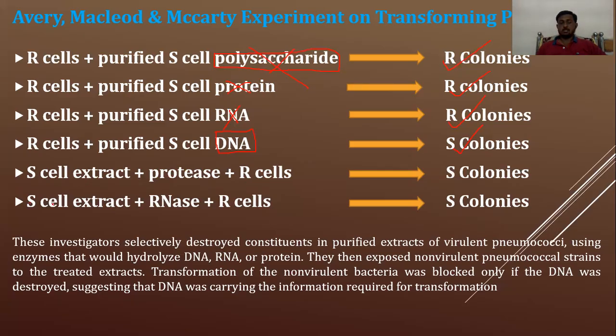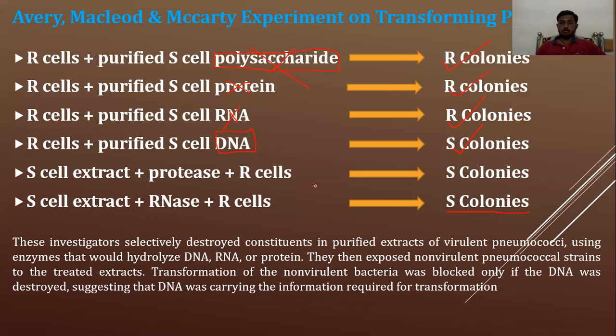Again, they use S type cell extract plus RNase plus R cells. That means the cell extract of S type of cells, that is the virulent strain, plus RNase, that is an RNA degrading enzyme, plus live cells of R type non-virulent strain, inoculated on the plate, and they observe S type of colonies.